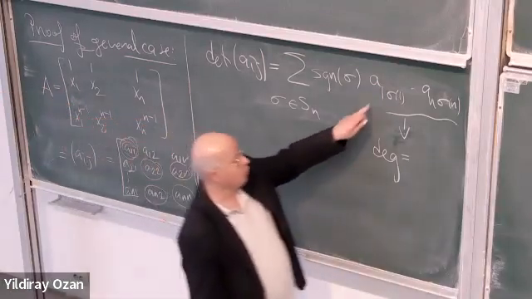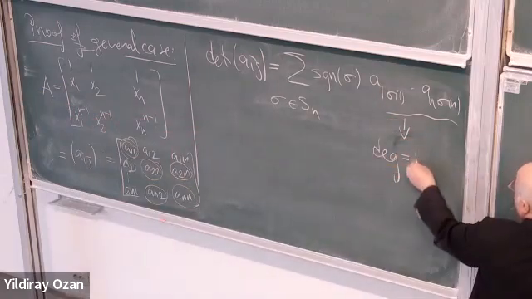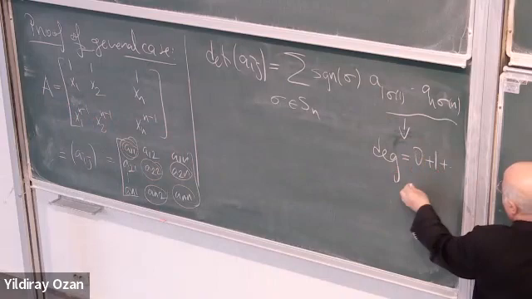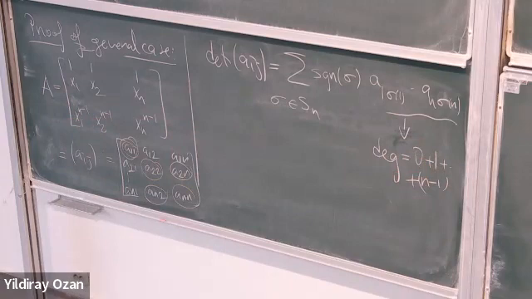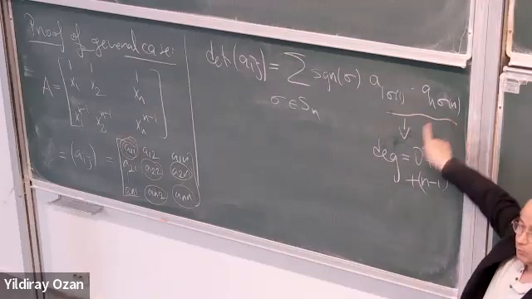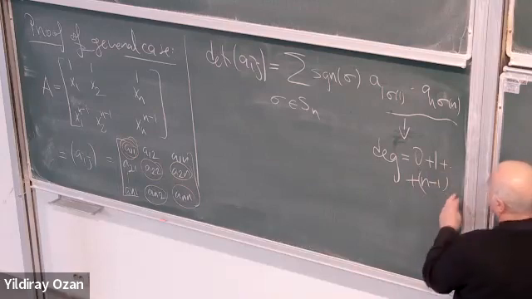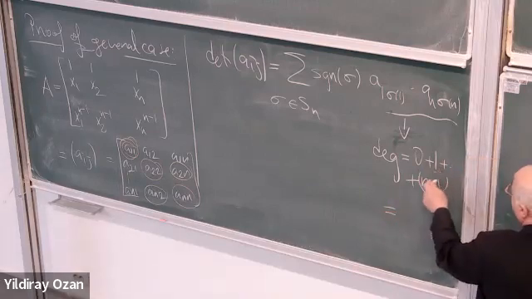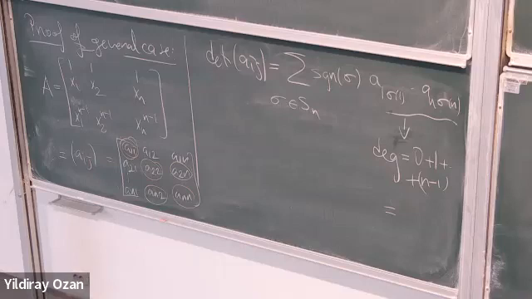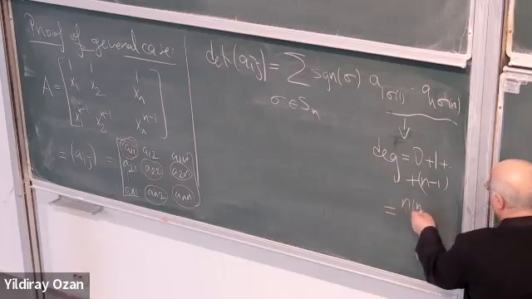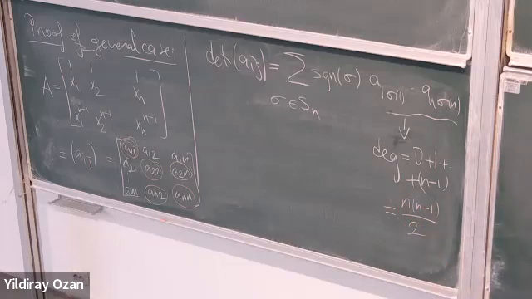So the degree of this will be 0 plus 1 plus and so on up to n minus 1, right? Because from each row you pick exactly one element, and the degree of that is either 0 or 1 or 2 or n minus 1. So the degree of each of these polynomials is the sum of all these numbers. And what is this? This is the sum of integers from 1 up to n minus 1. So it is n times n minus 1 over 2.